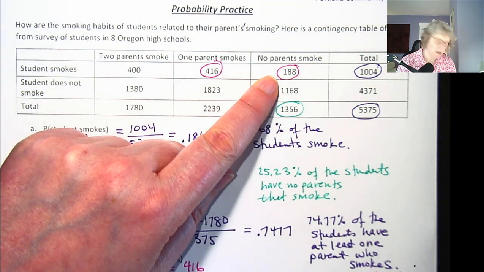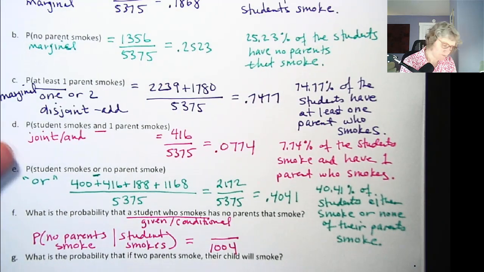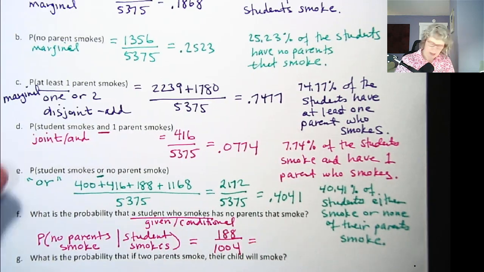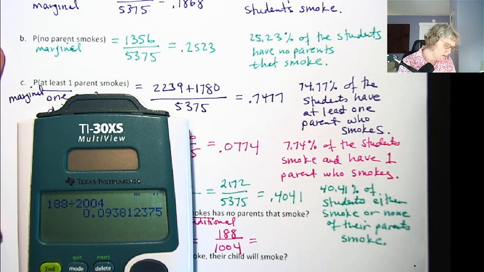That's 188. So 188 out of 1,004. Let's calculate that. 0.0938.